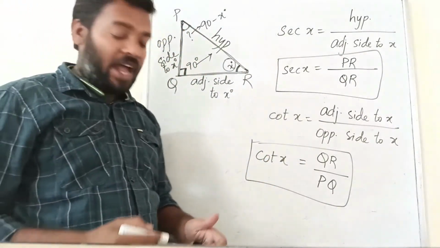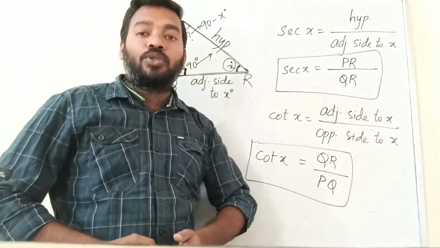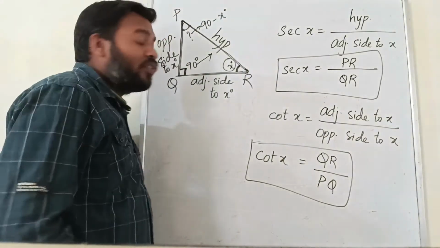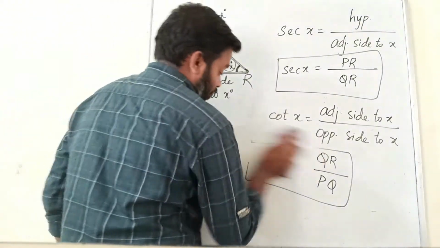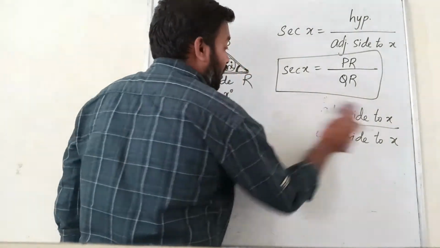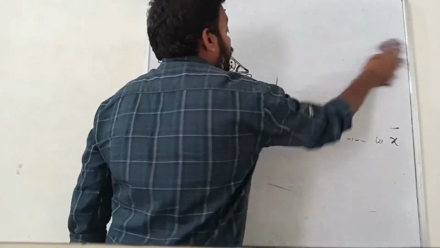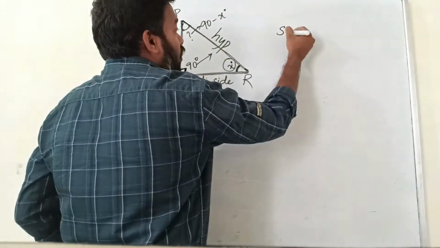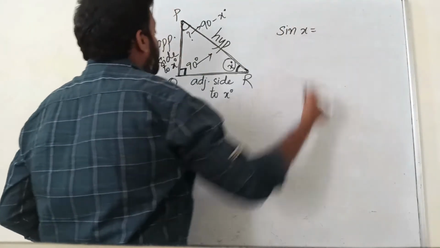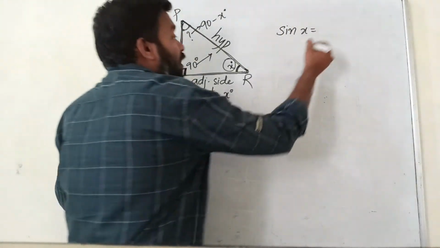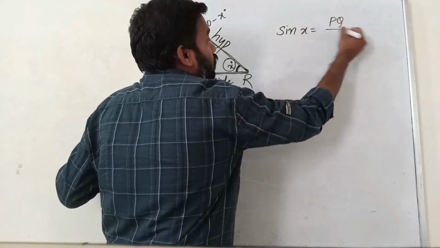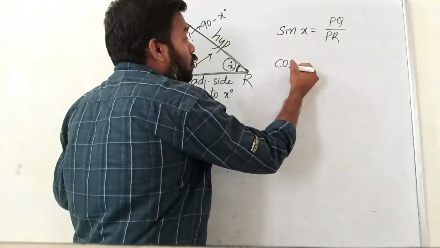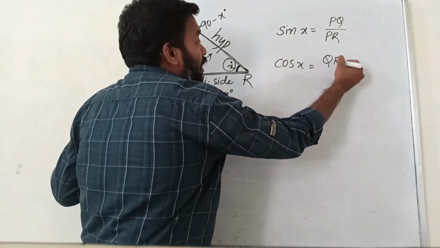Till now we have calculated the trigonometric ratios for angle x. Let us see once again what we have got. Sin x is equals to PQ by PR. Cos x is equals to QR by PR.